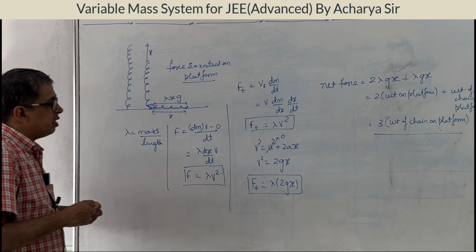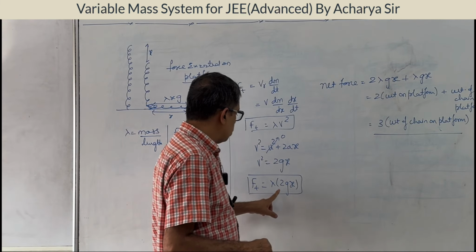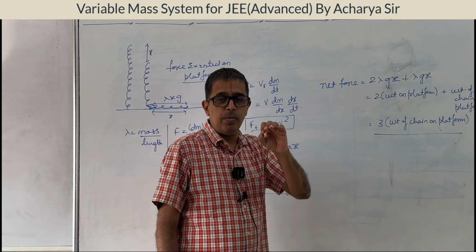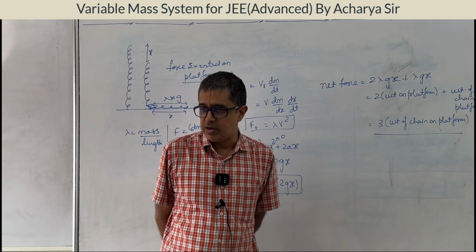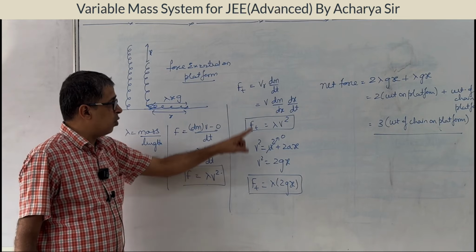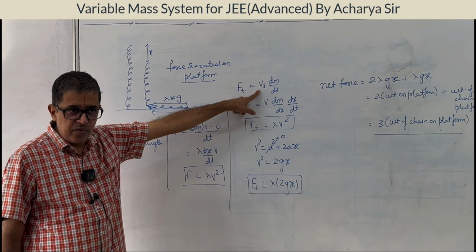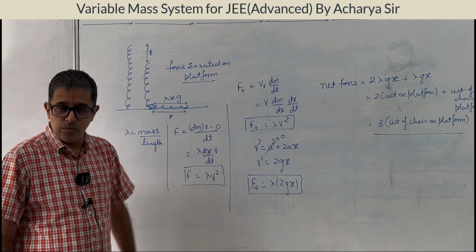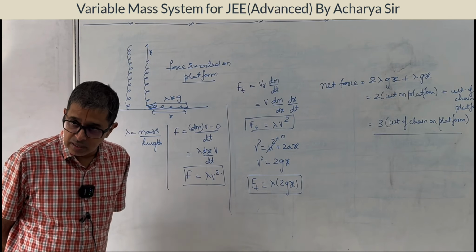Either you tell me that the thrust force is 2 times the weight of the chain on the platform, or the total force will be 3 times the weight of the chain on the platform. Second, thrust force, either you calculate from V_r or from the fundamental concept of change in momentum. We are okay either way.